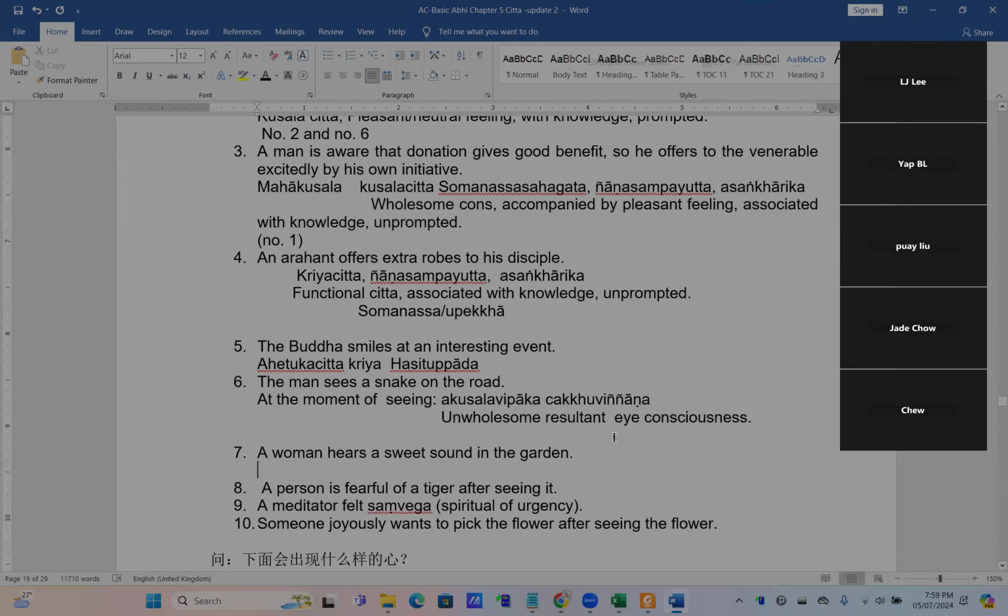The next question: a woman hears a sweet sound in the garden. Jacqueline, can you try this one? At the moment of hearing.